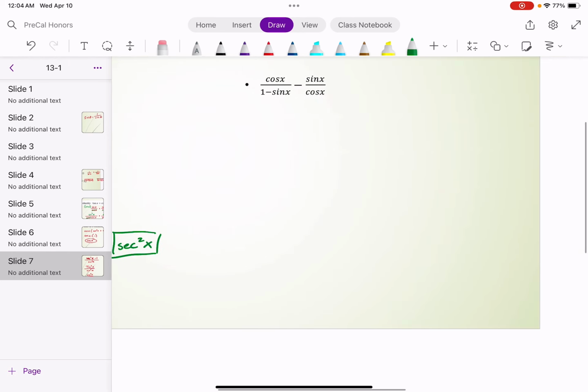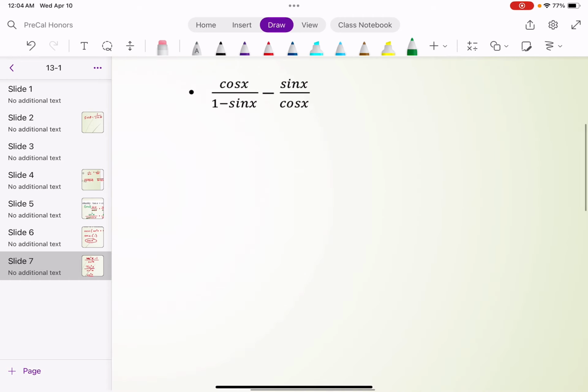Let's take a look at the problem on the right-hand side. For this problem, notice our denominators are different, and we are going to have to multiply them in order to get that final answer. When we do that, our new denominator is going to be cosine x times 1 minus sine x.